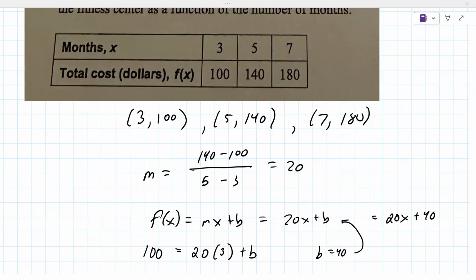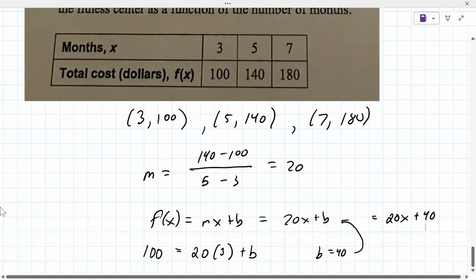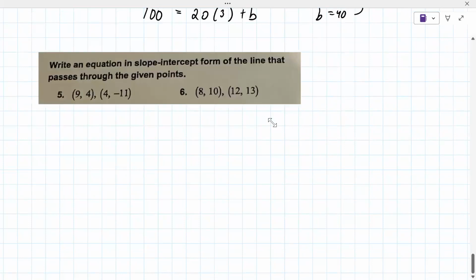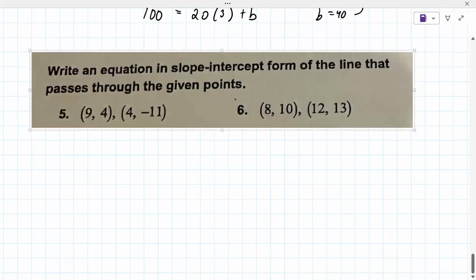All right. 5, 6, 7, and 8 are slope-intercept form. That's mx plus b form. So you have to first find the slope, and then just like we did, you have to find the b value. Okay.